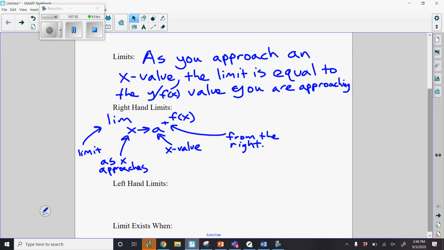Okay. And this f of x is now written on the same level as the limit notation. So the only thing that's subscript here is the x goes to a plus. Notice that plus is after the a, and it's a superscript of the a. So it's written kind of like how we write exponents.